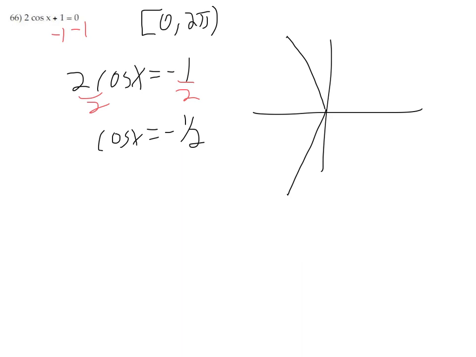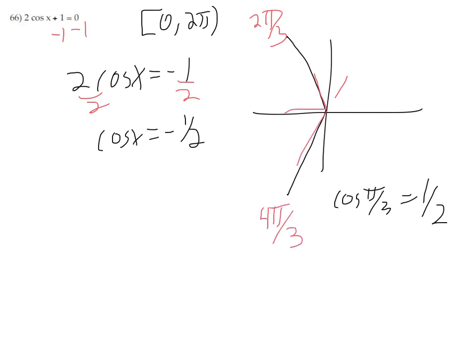And we know that cosine of pi thirds is 1/2. So our reference angle is pi thirds. So this value would be, well, let's just count in pi thirds since we've already done this. 1 pi third, 2 pi thirds, 3 pi thirds, 4 pi thirds.